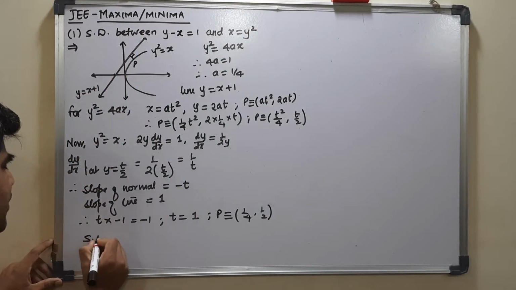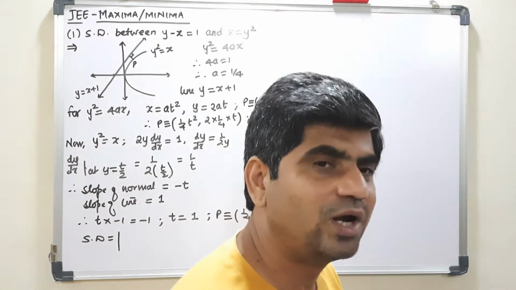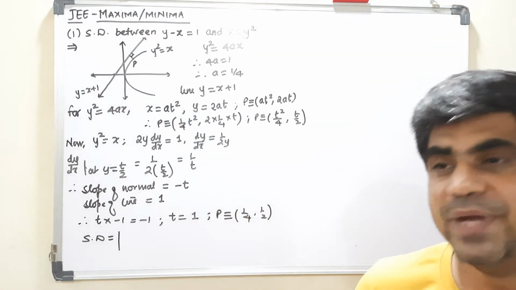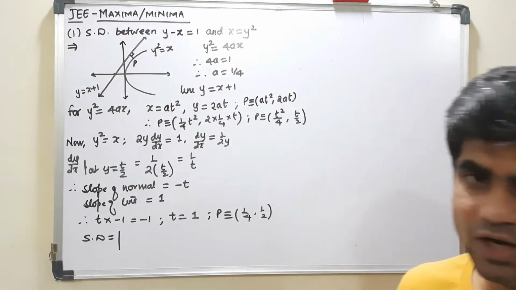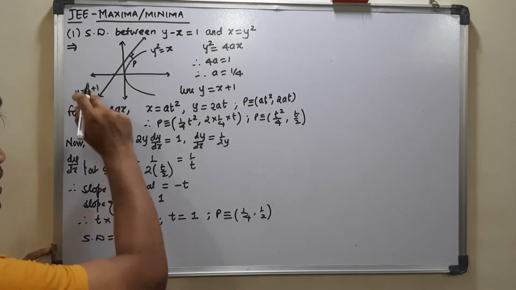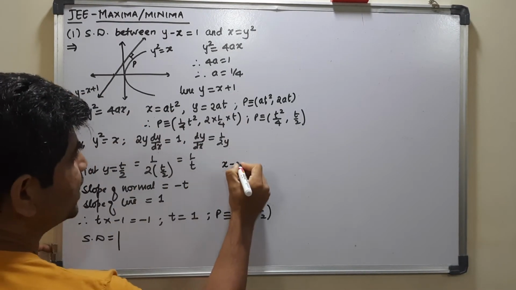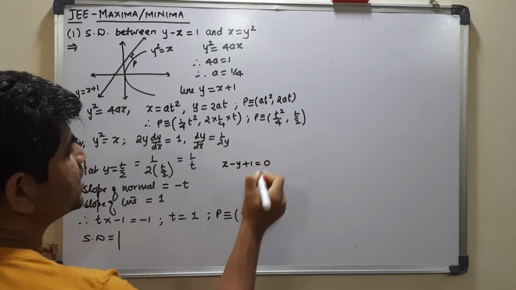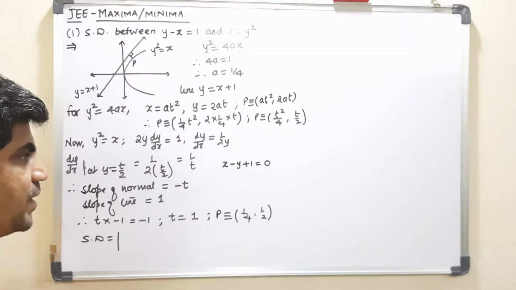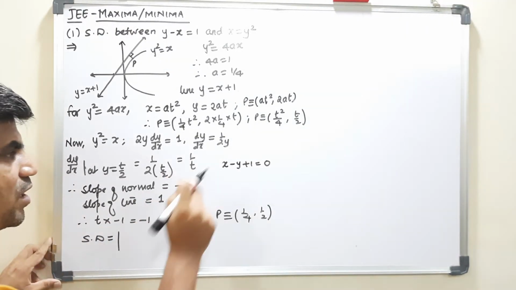Now I know how to find the distance between a point and a line. So distance between a point and a line is given as |ax plus by plus c| upon under root a square plus b square. Okay, that you have studied already. So this is your line, which is actually so called as here. It is x minus y plus 1 is equal to 0. Okay, so here your a is 1 and b is -1.